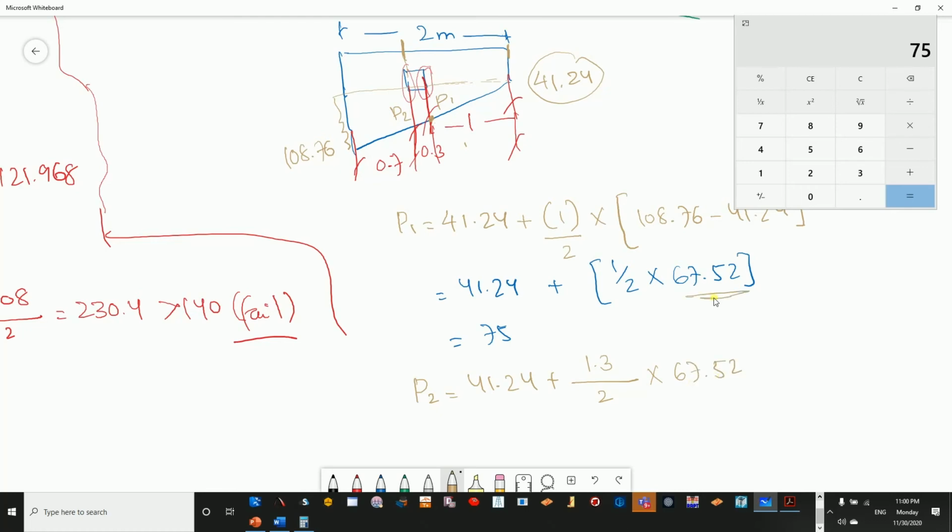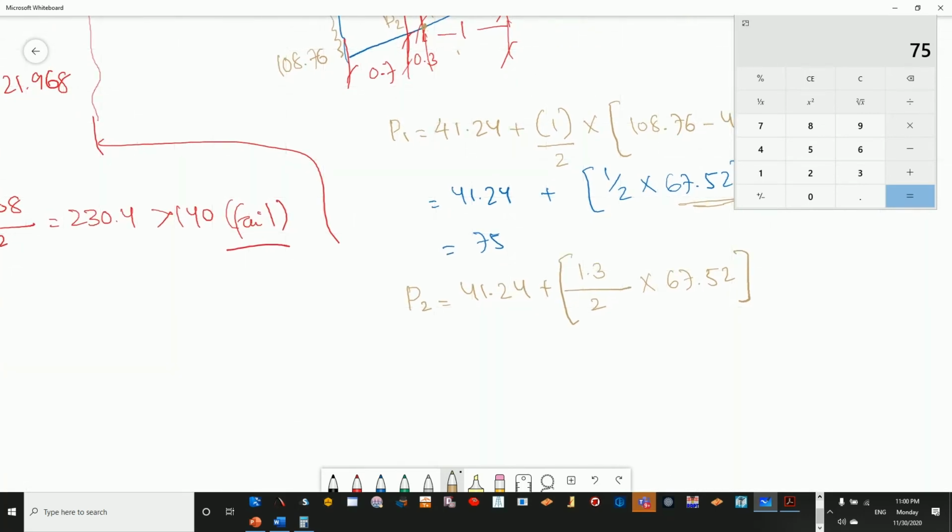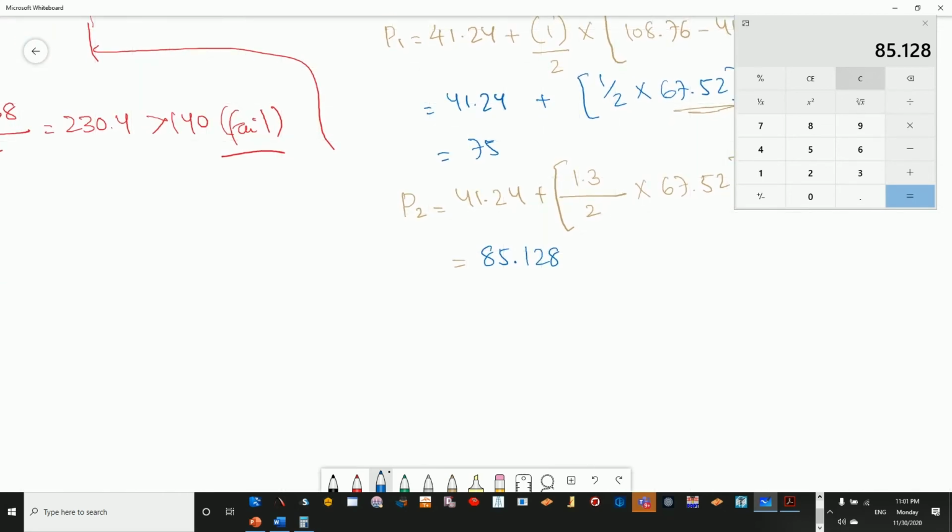So we have 67.52 multiplied by 1.3 divided by 2 plus 41.24, which gives 85.128.